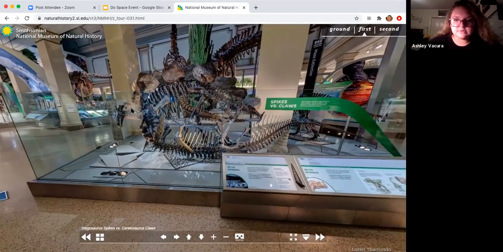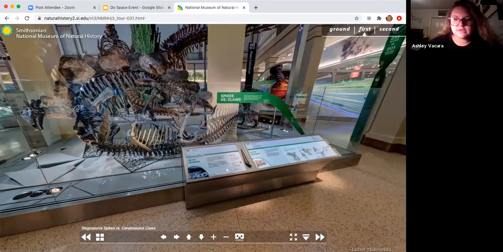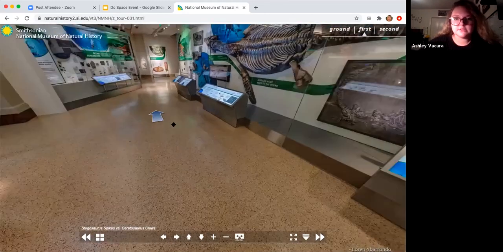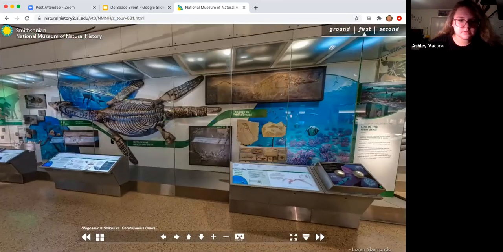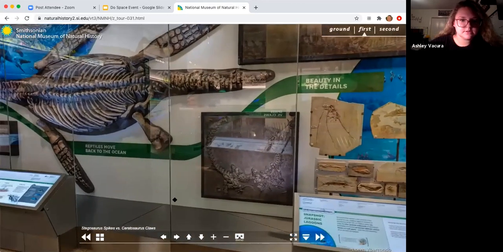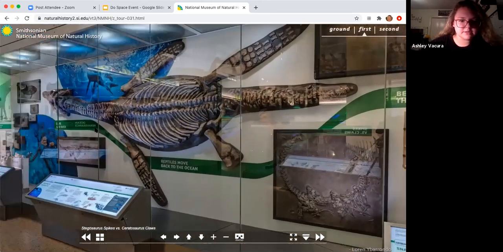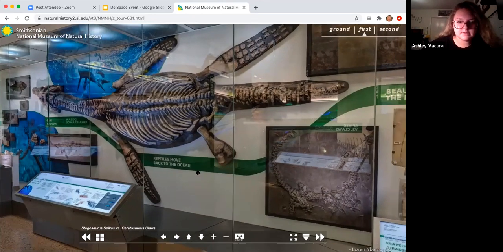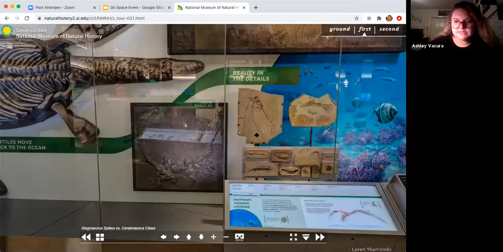of the dinosaur. So we can go around, and we can even look on this wall. So we can zoom in on what this is. So these look like reptiles that were in the ocean at once. It kind of looks like a turtle with really long legs. And then we can see more fossils.